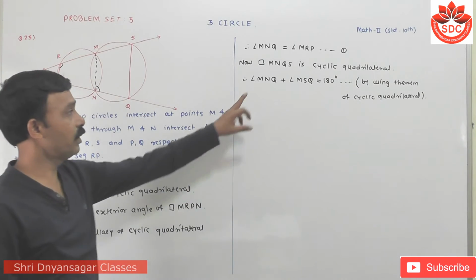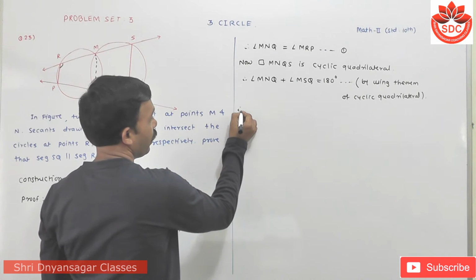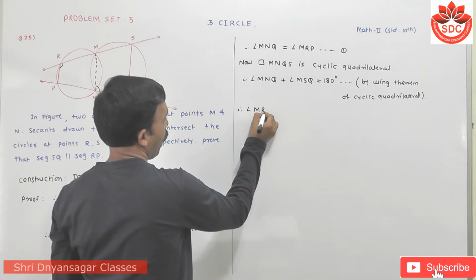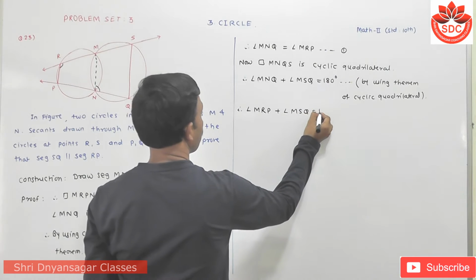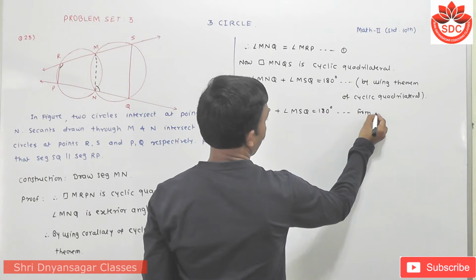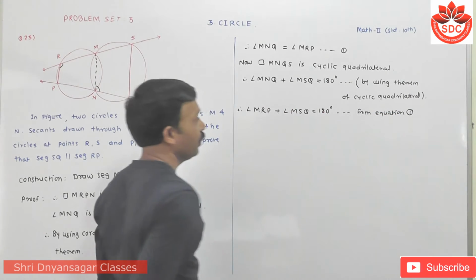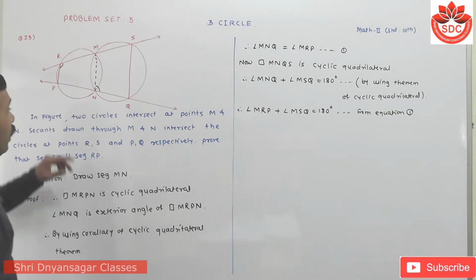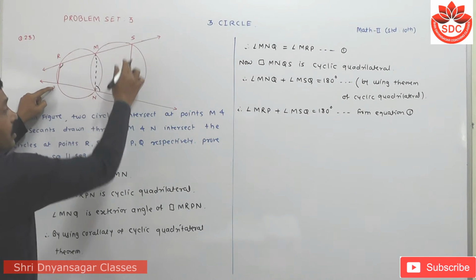Students, we substitute the value of angle MNQ as angle MRP. So I have to write here, therefore angle MRP plus angle MSQ is equal to 180 degrees, from equation first. Look here, MRP and MSQ.